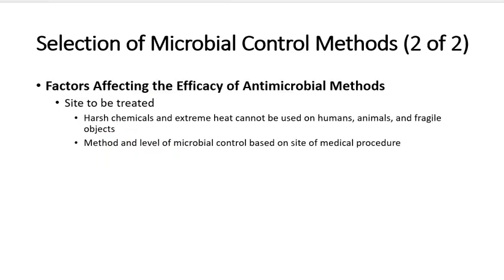Okay, so the other thing we have to think about is, where are we treating this? You can't put a harsh chemical or extreme heat on humans, on animals, on fragile objects, so you can't use those harsh chemicals. And I mean, you have to be very careful if you're doing a medical procedure. You do not want to damage tissue, right?